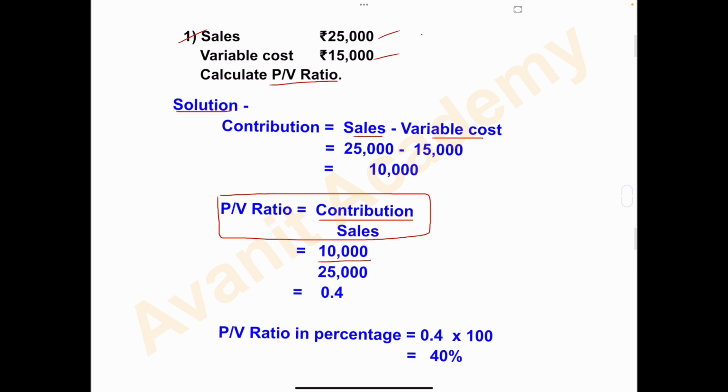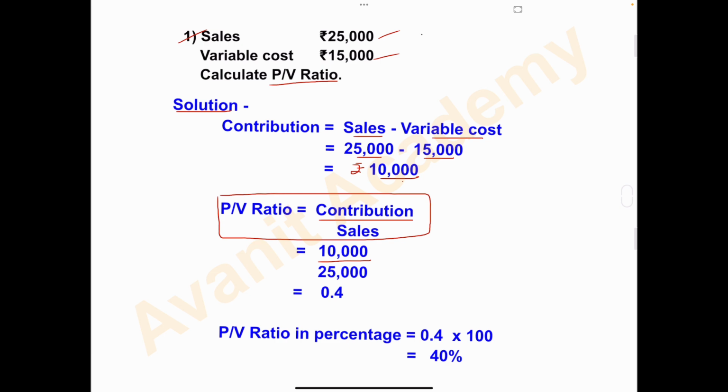Okay, sales and variable cost amount we have. So calculate contribution. Sales is rupees 25,000 and variable cost amount is 15,000. 25,000 minus 15,000, contribution amount is rupees 10,000. So we have got contribution amount.